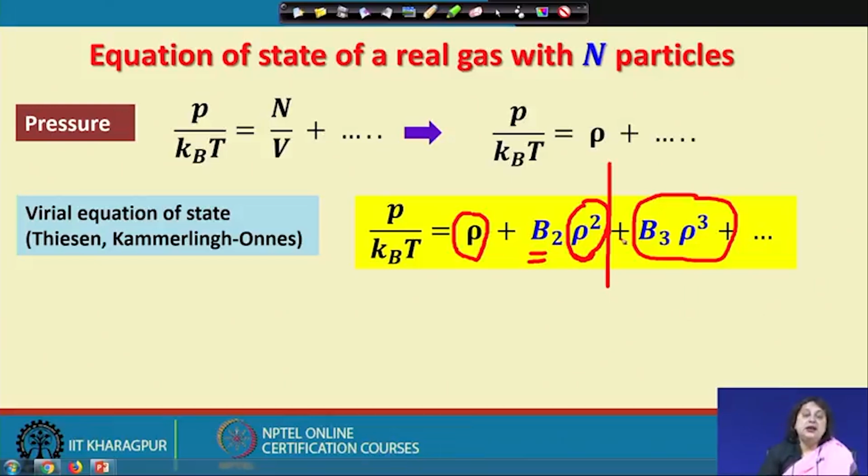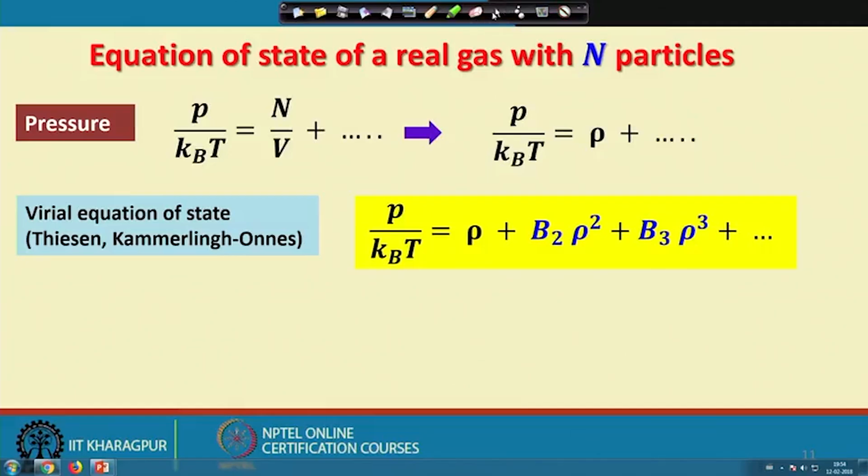Actually, one can derive an explicit expression for B2 by expanding pressure in an infinite power series in rho. In this introductory course, I am not going to work out this derivation. Rather, I am going to present to you the result from classical statistical mechanics that tells us what the second virial coefficient is.